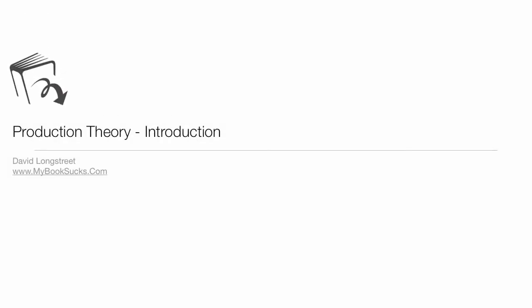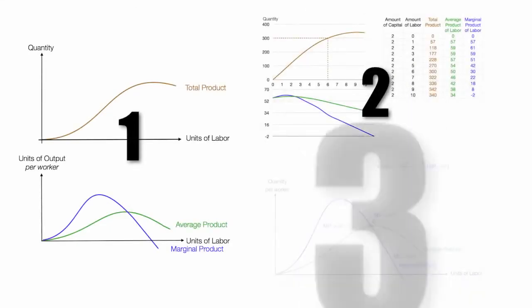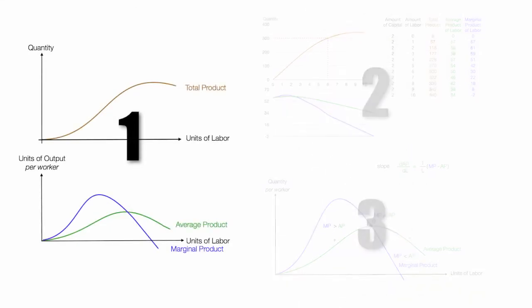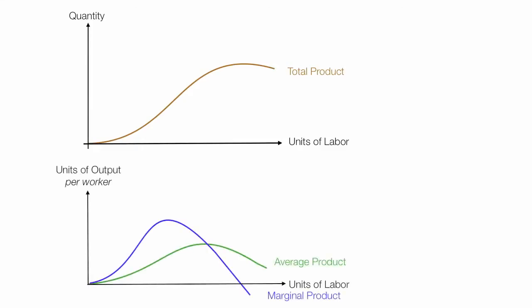In this tutorial, I'm going to discuss production theory, and this is the first video of a 3-part playlist. In this tutorial, I don't use any numbers or calculus. I just introduce you to the ideas of total product, marginal product, and average product, and their relationships. It turns out quantity produced is equal to some function of labor and capital.